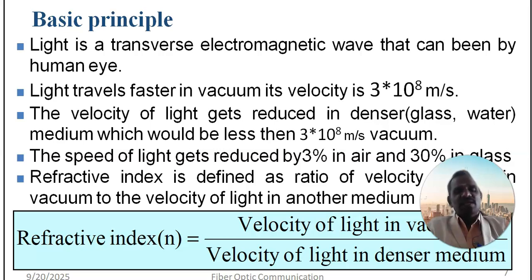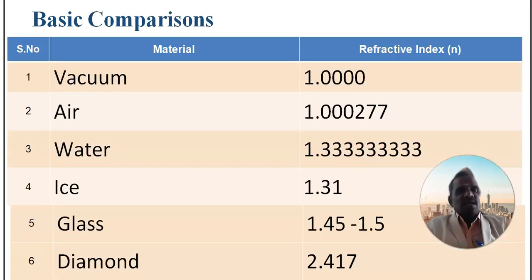So refractive index, generally represented by n, is equal to the velocity of light in vacuum divided by the velocity of light in a denser medium. The denser medium may be water, any metal, fiber or plastic, whatever it is. So we have a comparison of refractive index and the material used.